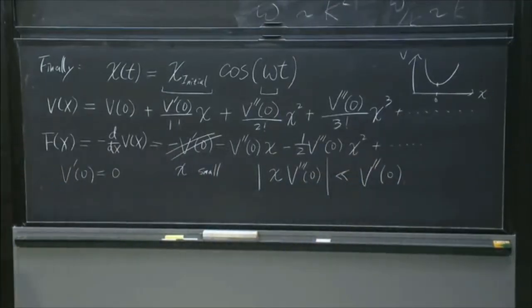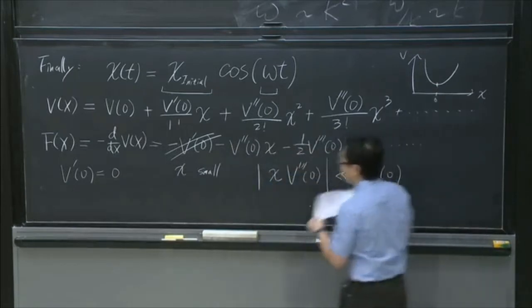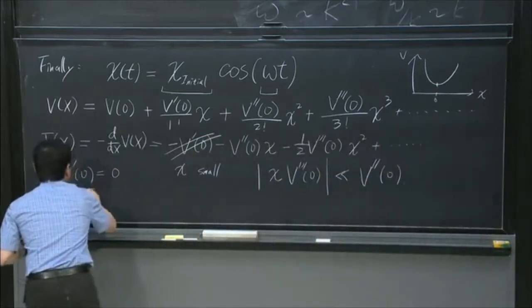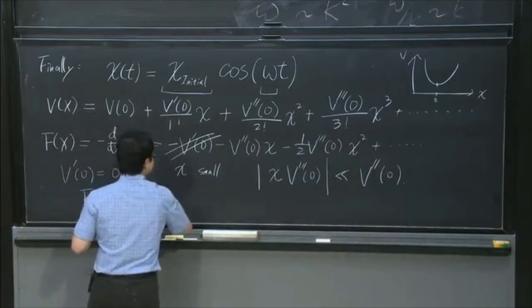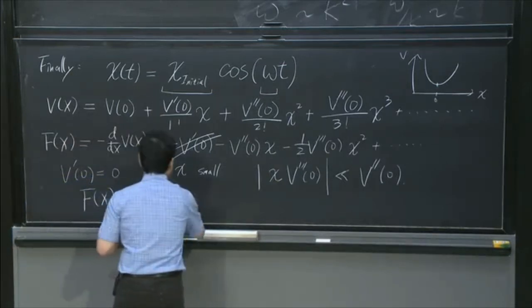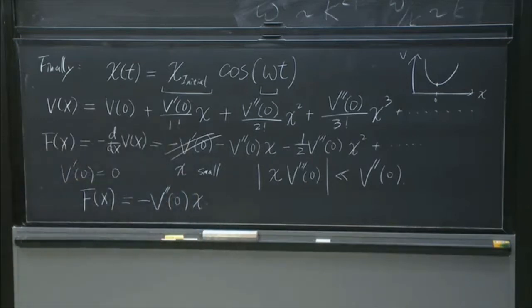That is the condition required so that we can ignore all the higher order terms. Then the whole equation becomes F of x equal to minus V double prime 0 x. And that is Hooke's law.